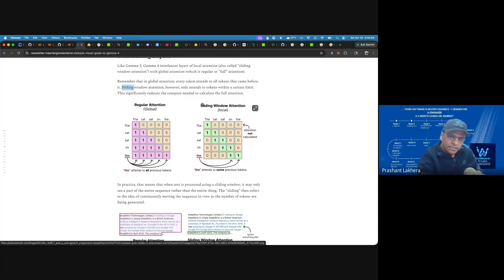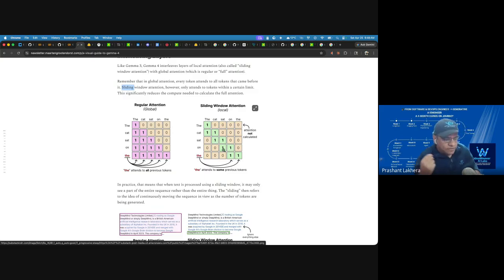What these guys have done is something called sliding window attention. With a sliding window, this word "the" is only capable of seeing "on". It can't see all the past words, so it cannot see "the cat sat". Same thing with "on": it can only see "the", but it cannot see all the past tokens.